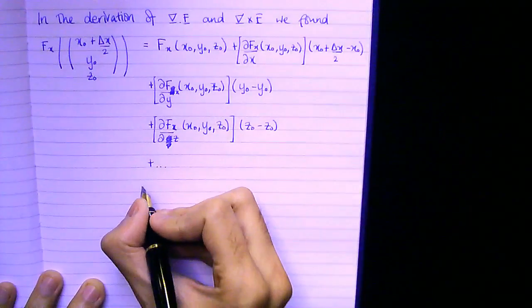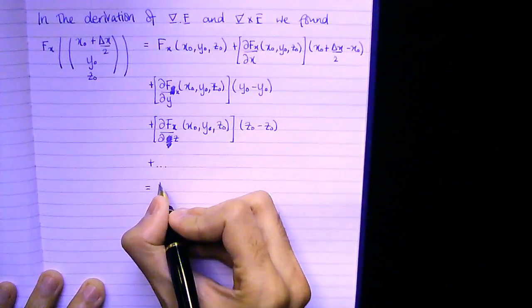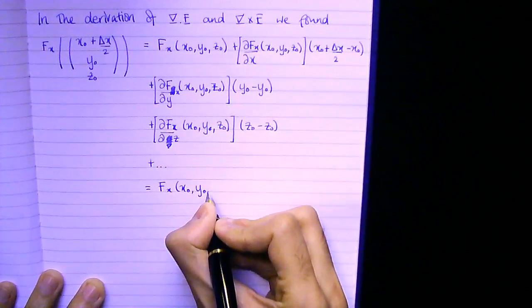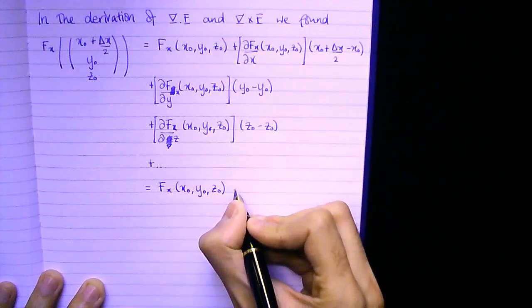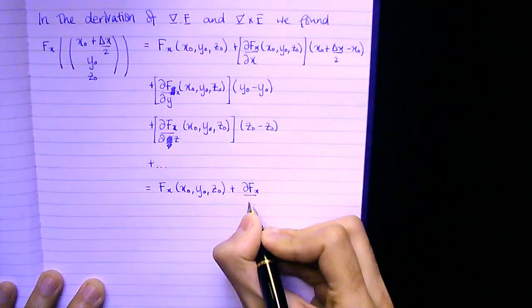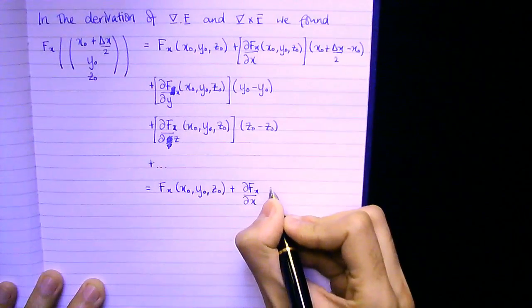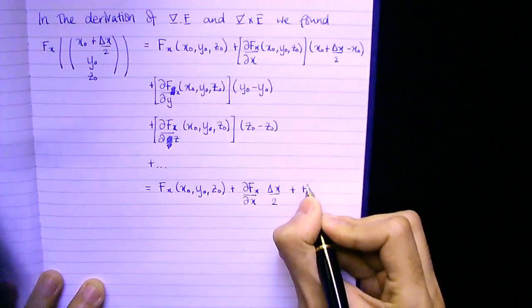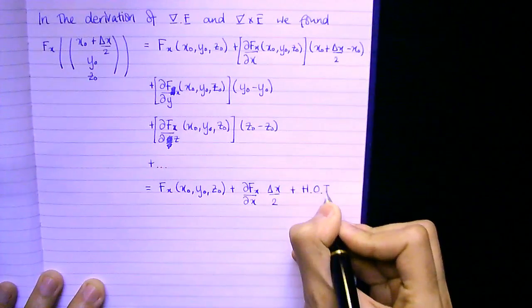So in the end, up to linear order, this is simply this, plus higher order terms.